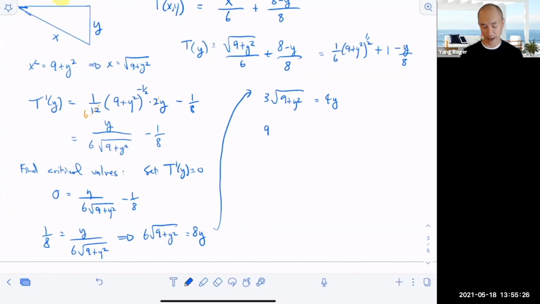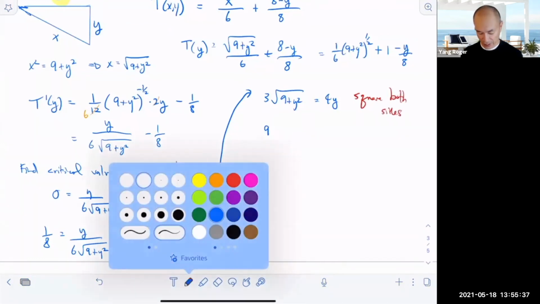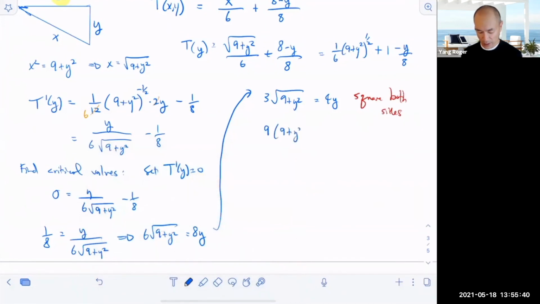Okay, all right, we're good. So I square both sides. And then what are you going to get? You're going to get 9 times 9 plus y squared is equal to 16y squared.